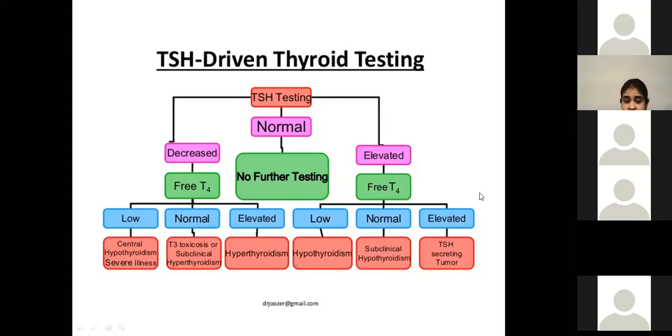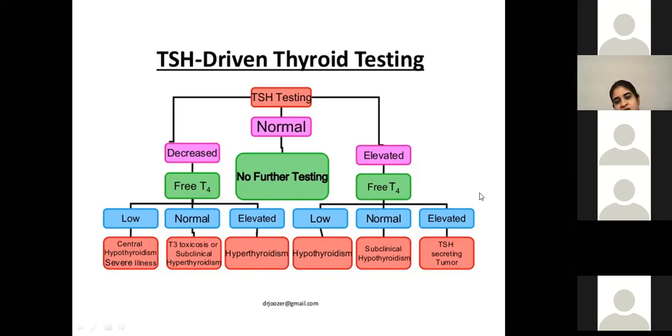Are both of them increased? Is only one of them increased? And this may indicate, let's say, Graves' disease. So then again you have to go towards further testing just to be completely sure and to determine what kind of treatment can be done on the patient.